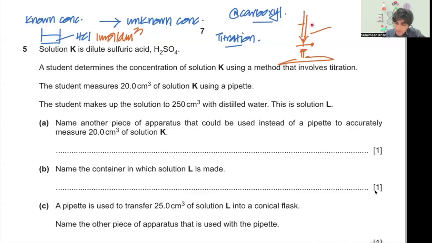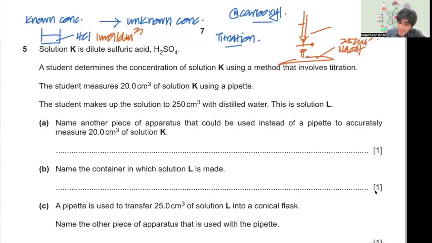The volume that was required to neutralize a certain amount of alkali in the conical flask. So the alkali which I have, let's suppose I use sodium hydroxide and I added 25 cm cube of sodium hydroxide. The entire idea behind titration is to figure out how much volume of acid, of known concentration, was needed to neutralize this 25 cm cube of NaOH.